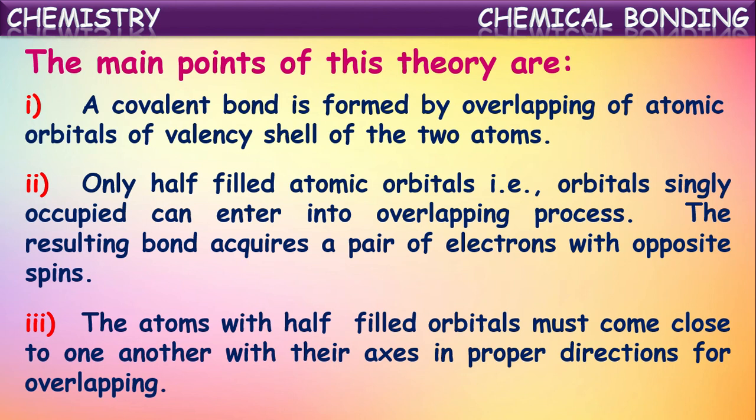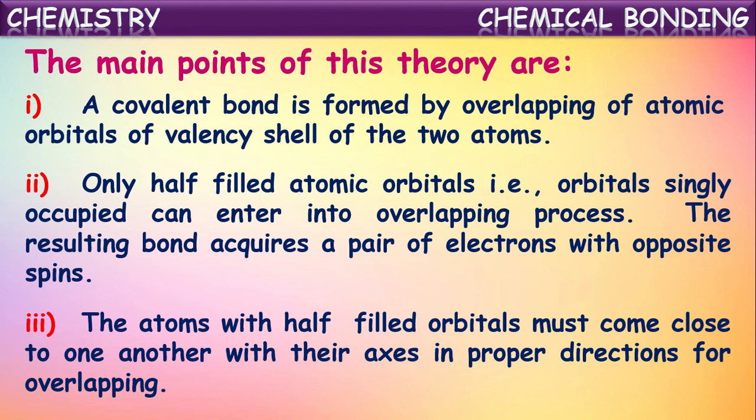Now another point, the atoms with the half-filled atomic orbitals must come close to one another with their axes in proper directions for overlapping. So when two atoms approach each other at a proper distance and in a proper direction, then only the atomic orbitals of these two atoms, which are having single electron in them, overlap each other and make their single electrons paired, and thus form a covalent bond between them.